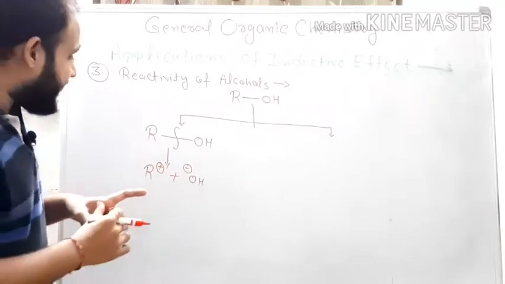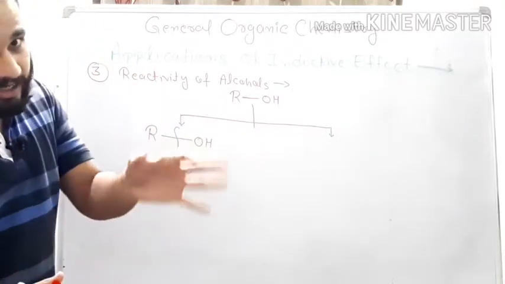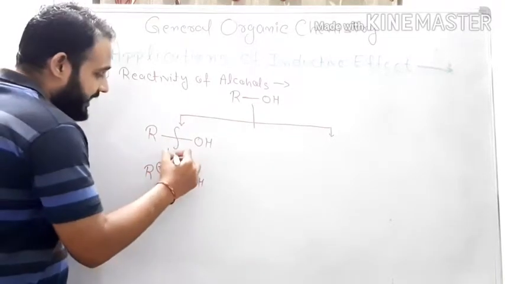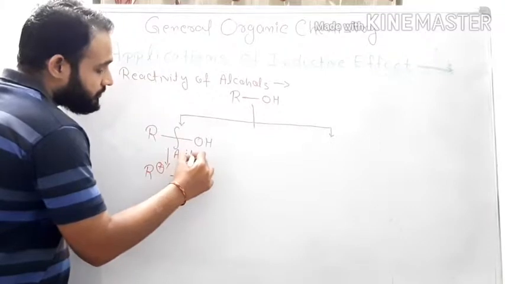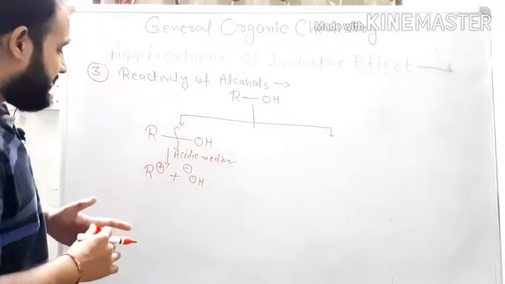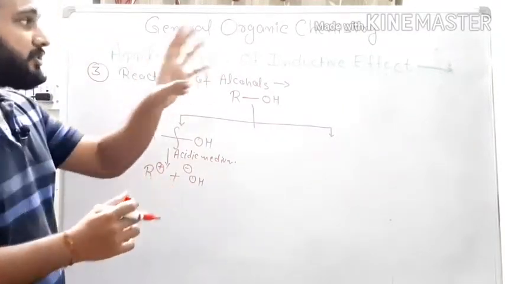Understand? This can happen in acidic medium in which H2O can be removed from alcohol. Now because of this cleavage we have an alkyl cation and OH minus anion. Now how does it depend on inductive effect?